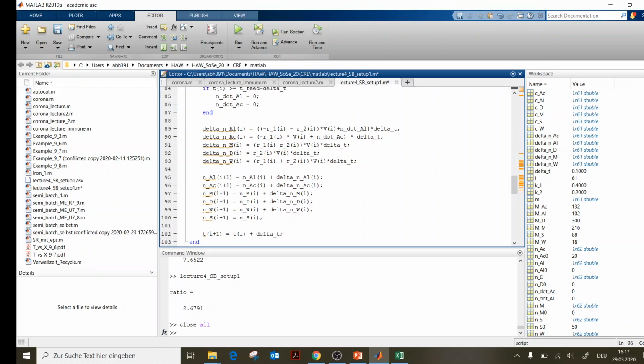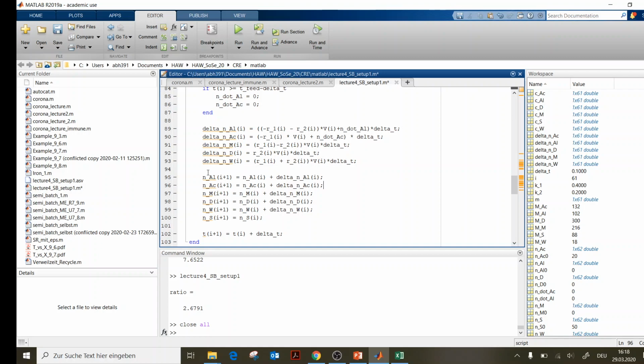That's why it's R1 minus R2. Again, multiplied by the volume and the delta t. Your diester is produced by the second reaction, then multiplied by volume and delta t. And water is produced by both reactions, so it's plus R1 plus R2, and again volume and delta t.